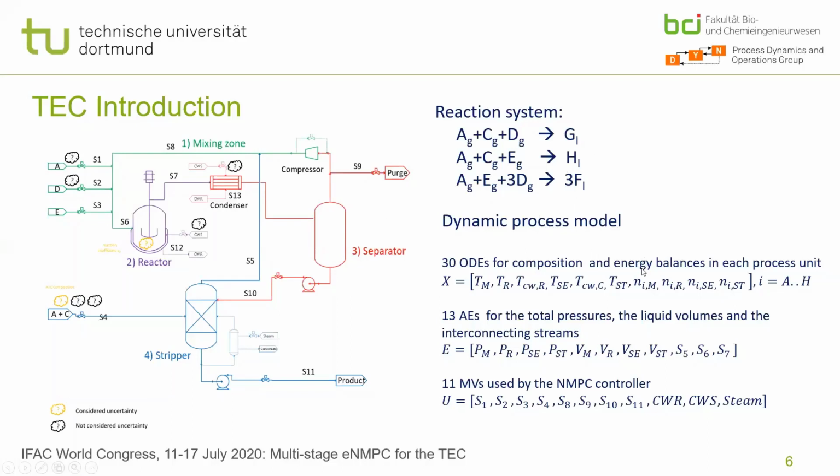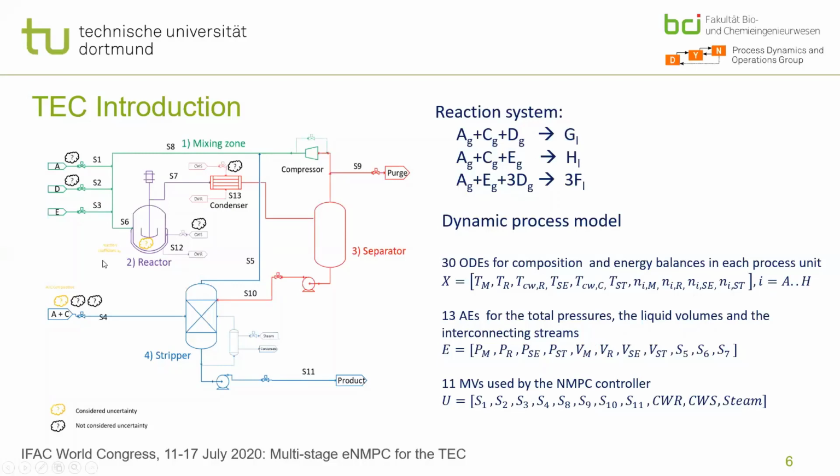The process model consists of 30 ODEs, describing the energy balances in the units and the molar composition for the 8 components. On top of that, we have also 13 algebraic equations, which can be computed from the ODEs, and 11 degrees of freedom.